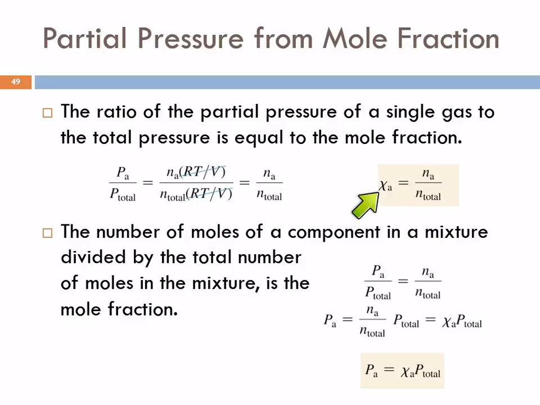So chi A, chi is what we use to represent mole fraction. That's the moles of the one part that we're interested in divided by the total. So we said percentages were the part divided by the whole times 100. This is the part divided by the whole. Don't multiply by 100. It's a fraction instead of a percentage.